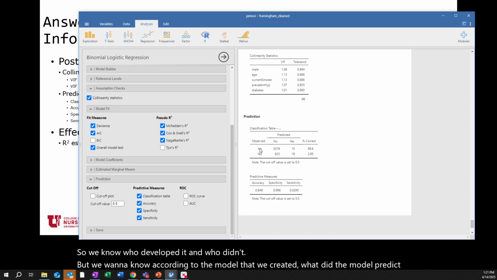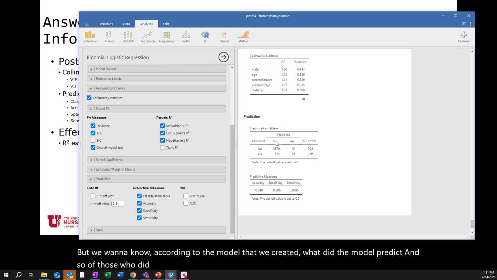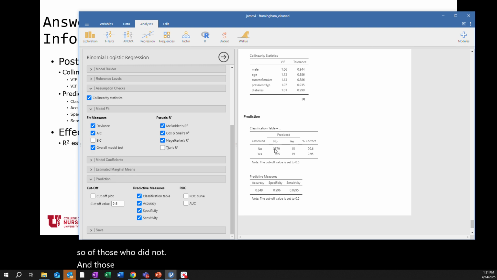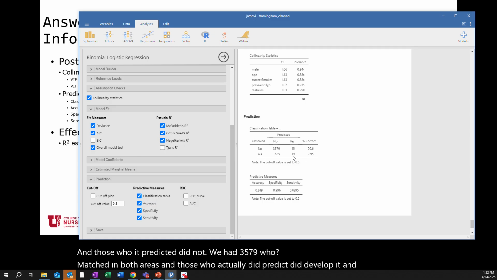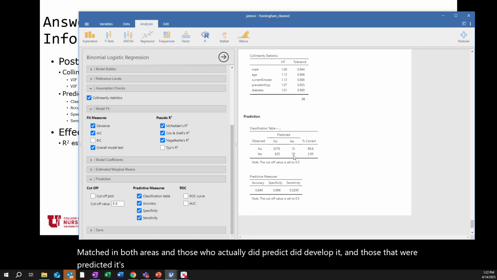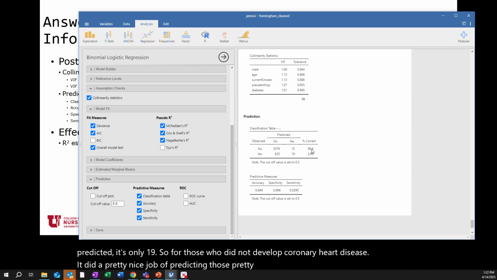Of those who did not develop it, and those it predicted did not, we had 3579 who matched in both areas. And of those who actually did develop it, and those that were predicted, it's only 19. So for those who did not develop coronary heart disease, it did a pretty nice job of predicting those, 99.6%.